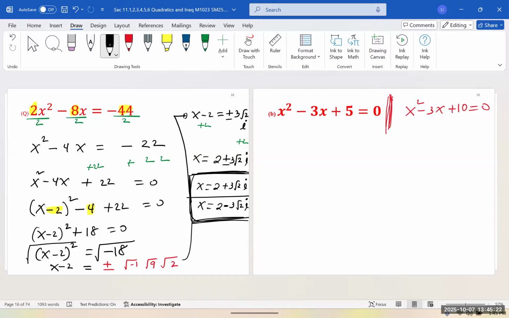My solution is x equals 2 plus or minus square root of 18. You cannot leave the 18 because it's reducible. Anytime you have a number reducible, you must reduce. So if you leave it, it's not wrong, but it's not acceptable.